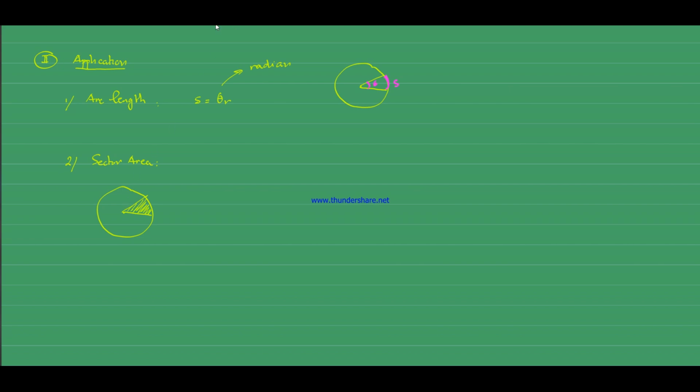And I know the angle theta. So the formula will be A equal to 1 over 2 r squared theta. As long as you know the radius and you know theta, again, theta must be in radian, then you can find the area, how big the piece of pizza is.